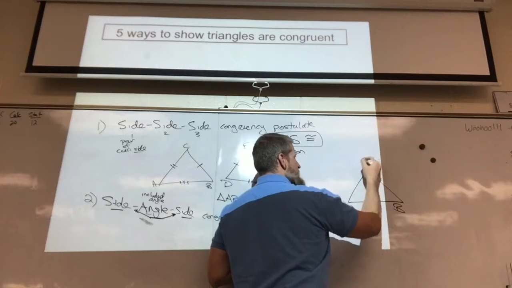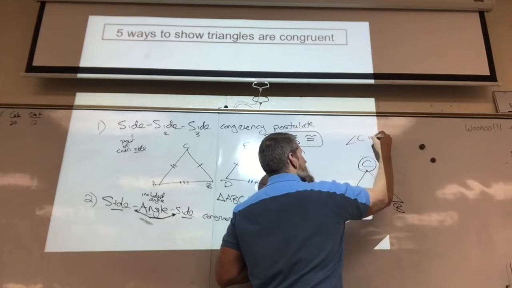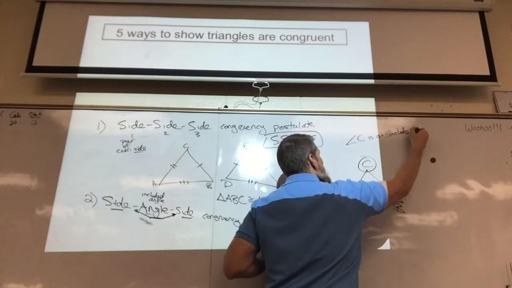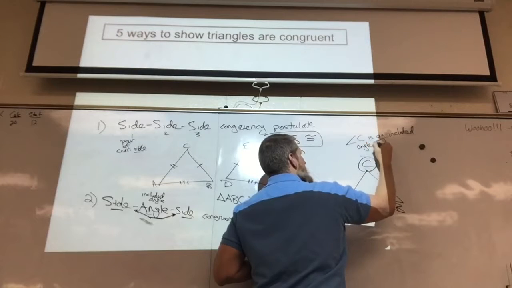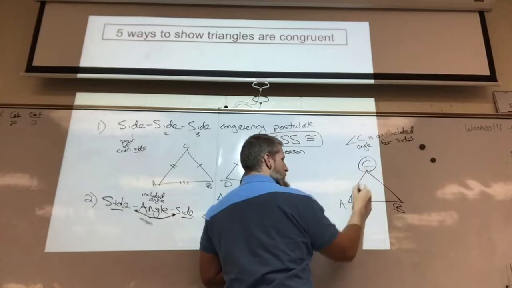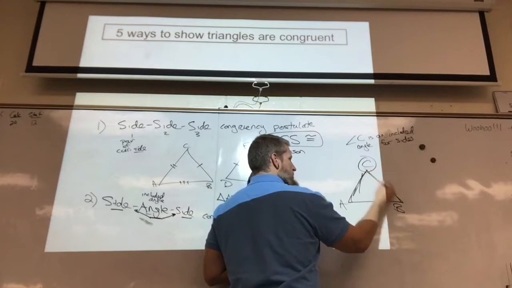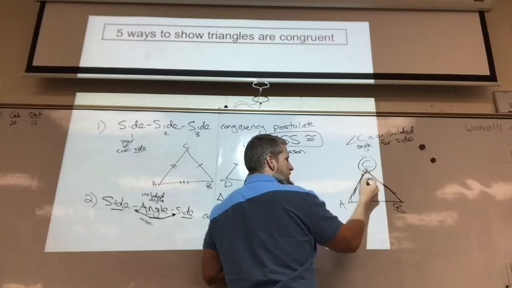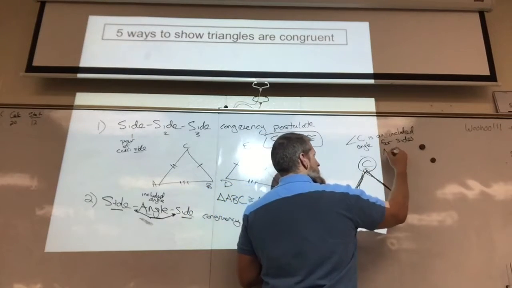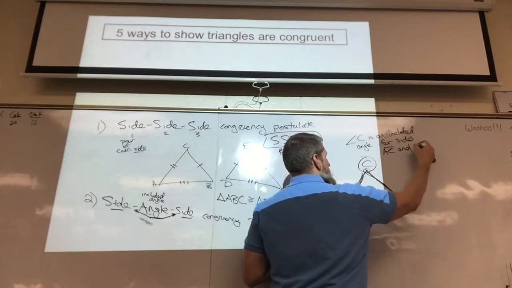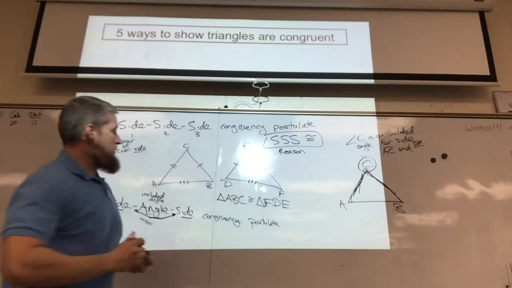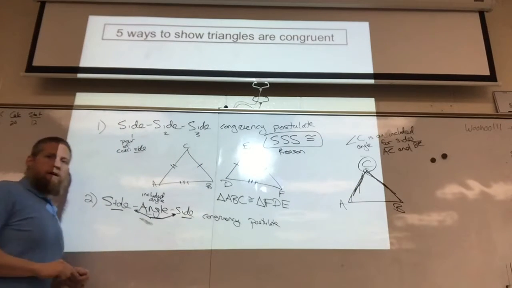So if I looked at angle C, it is an included angle for the 2 sides that create it. It's like this side creates it and so does that. So this is an included angle for those 2 sides. These 2 are connected to that angle.